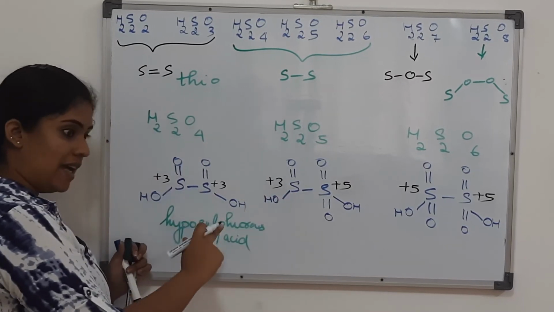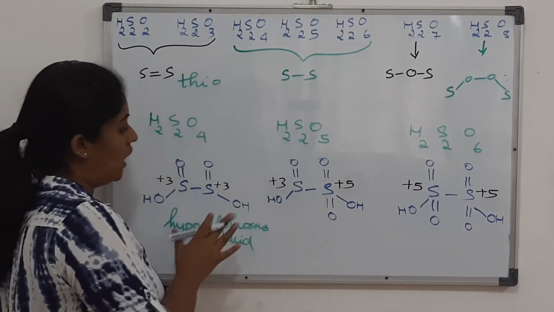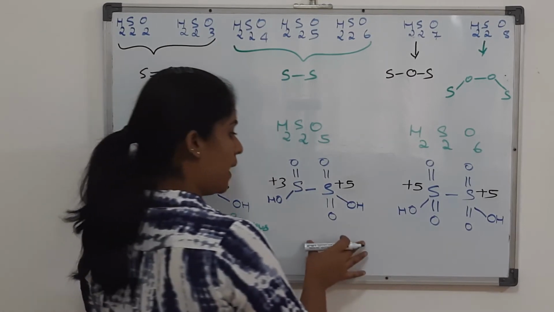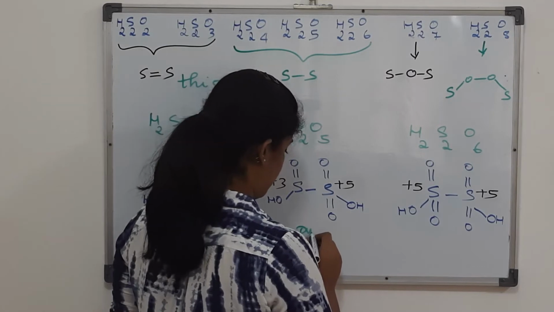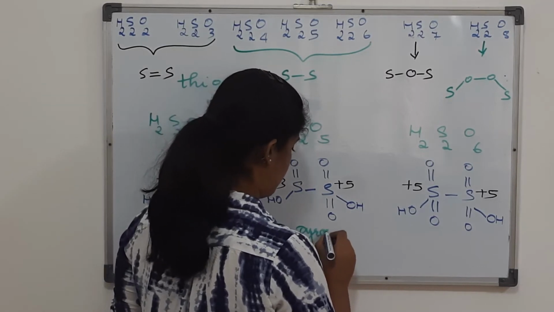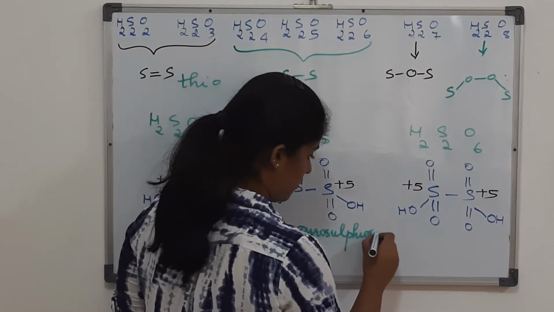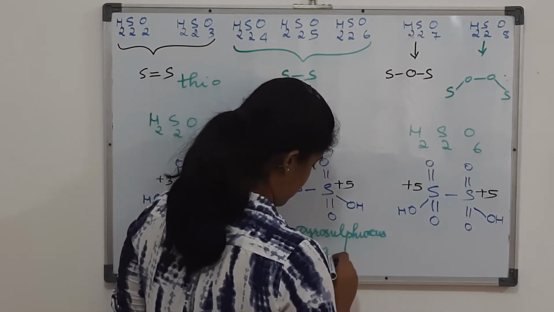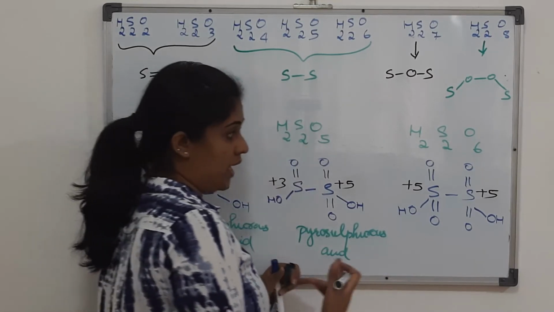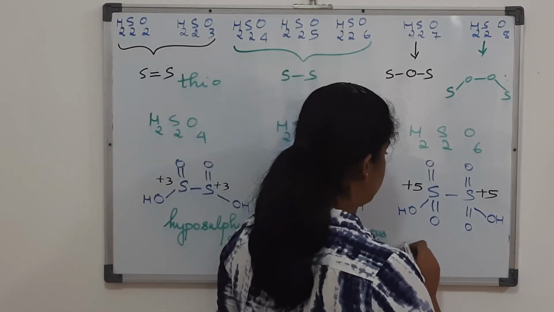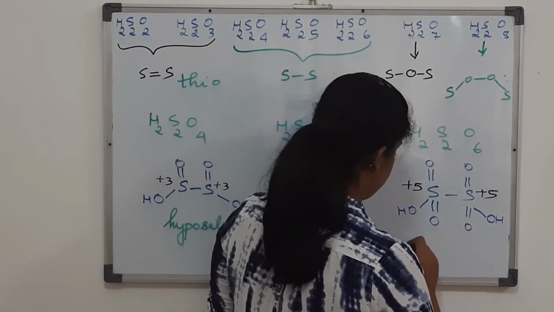This one, though it has 3 and 5, it's a mix of 2. It's not just a 3 or just 5, so we can't put hypo there. This is pyro, and it is pyrosulfurous acid. And the last one is +5. So again, it is hypo and it's in the higher oxidation state, so it's hyposulfuric acid.